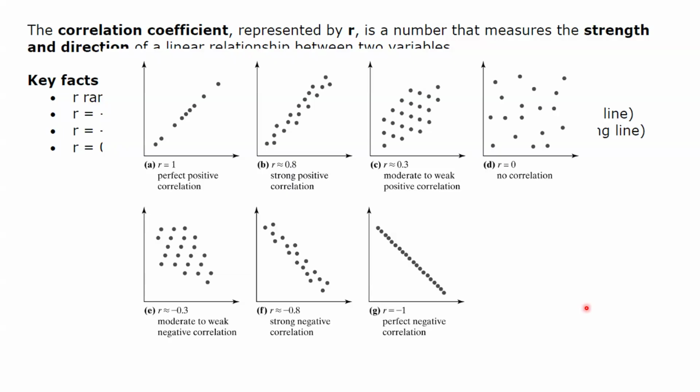And if R is around 0.3, that would be considered a weak positive correlation. And this visual here in your notes breaks down what would be considered moderate, what would be considered weak, no correlation, and then negative and positive. Remember, the more scattered the points, the more the correlation does not exist. So there would be no relationship.